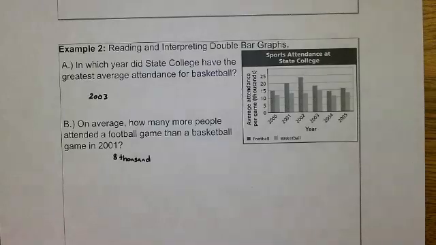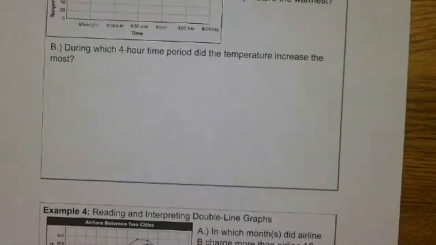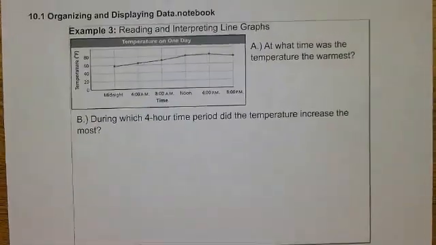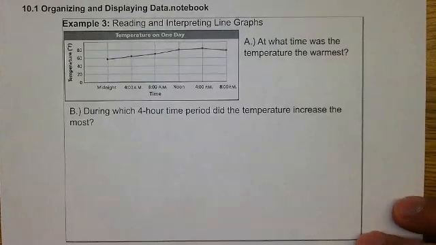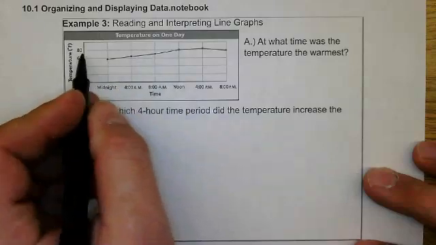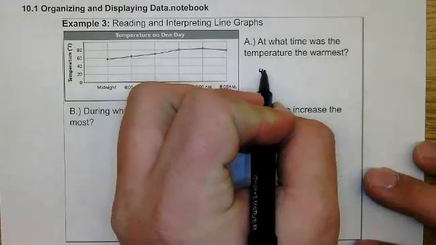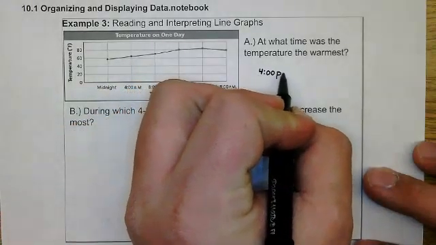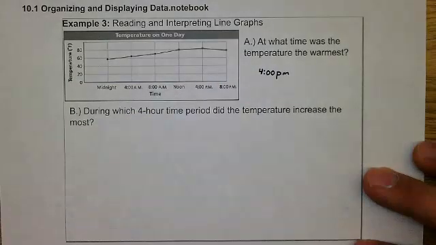The next one, now we're talking about a line graph. It says, at what time was the temperature the warmest? So here the warmest was at 4 p.m. During which 4-hour time period did the temperature increase the most?